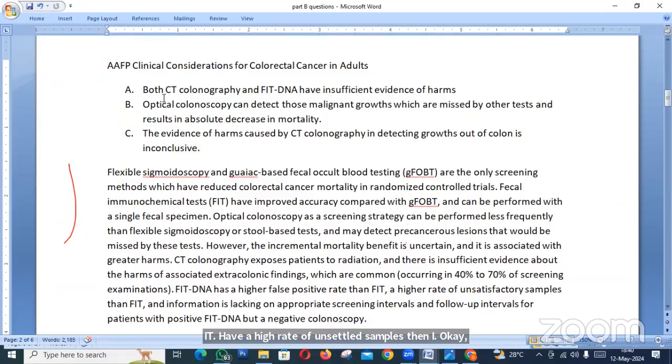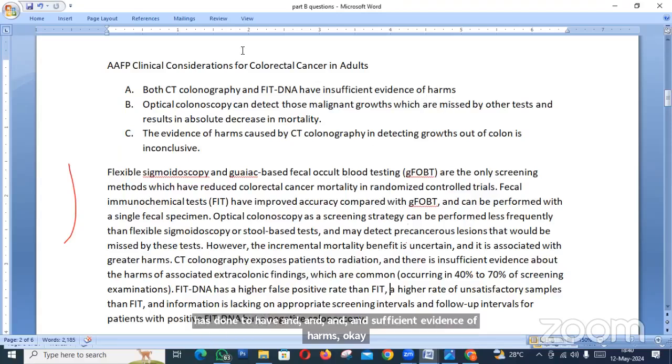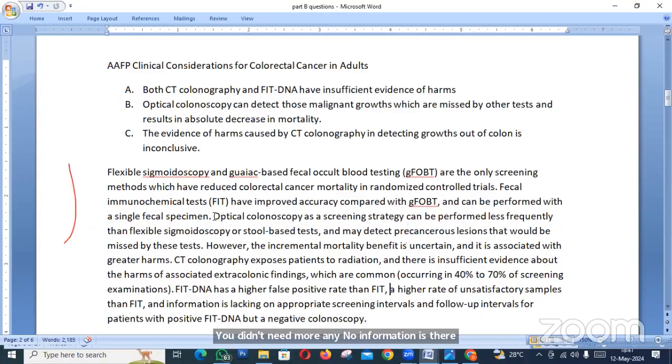So CT has insufficient evidence of harms, but FIT DNA does not have insufficient evidence of harms. But information is lacking for FIT DNA. There is no information about that.